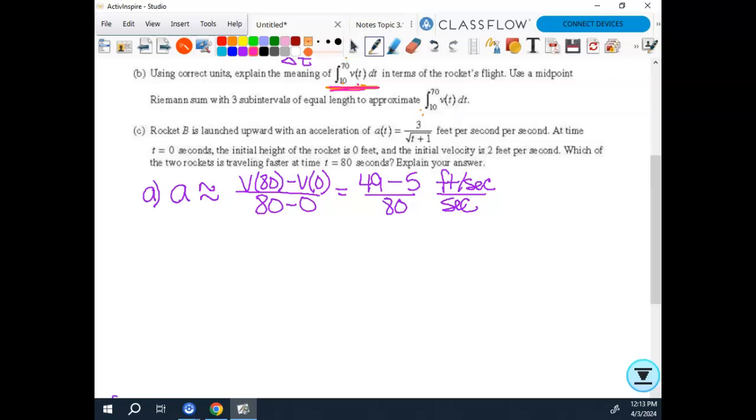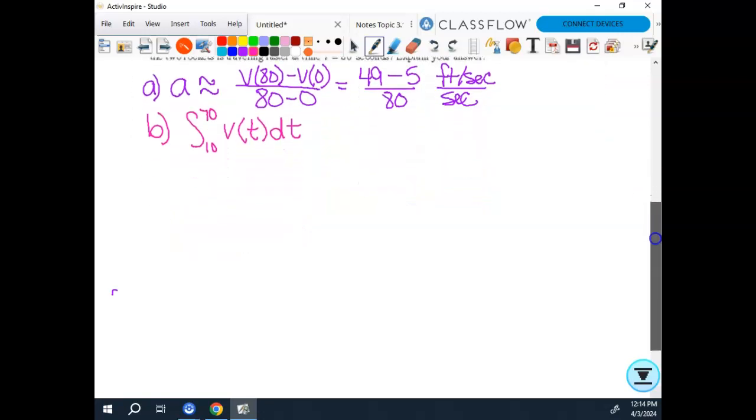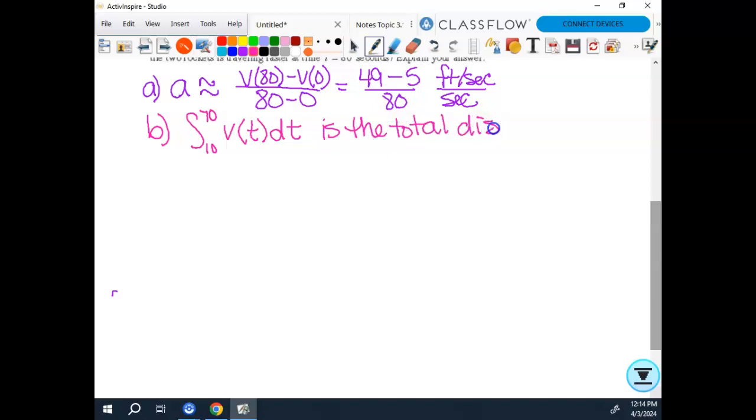So that's what we are going to write for the first part of B. We are going to say the integral from 10 to 70 of v of t dt is the total distance rocket A traveled in, what units are we traveling in?